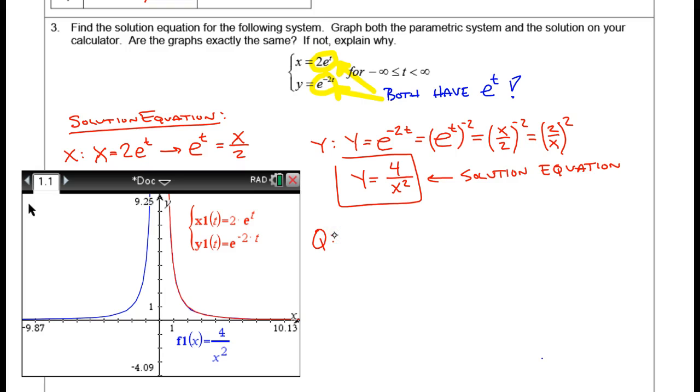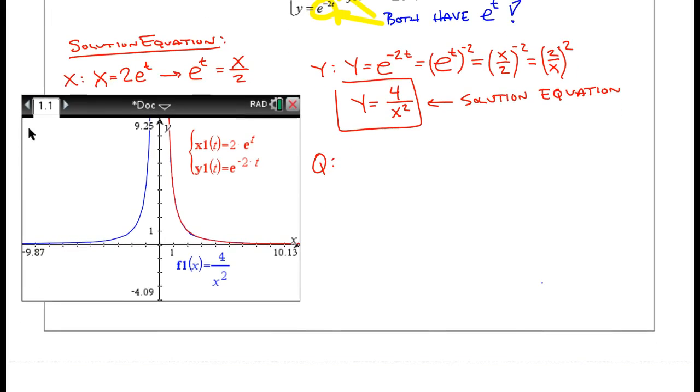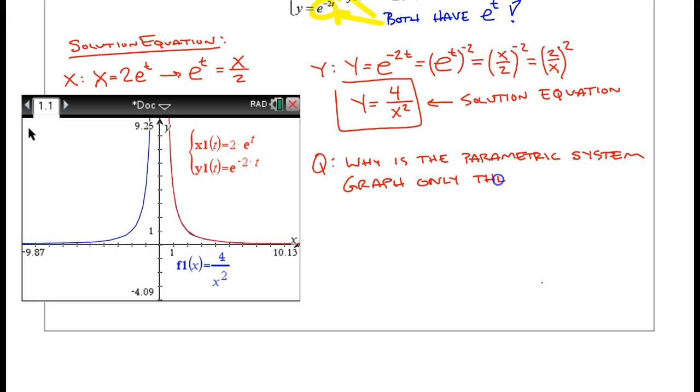Why is the parametric system graph only the right-hand side of the solution graph?